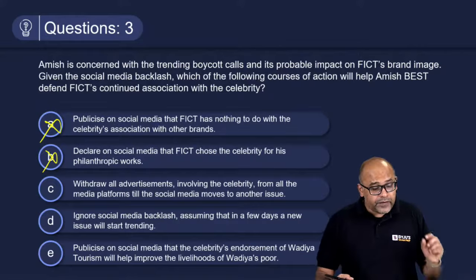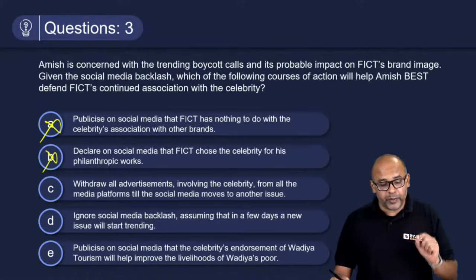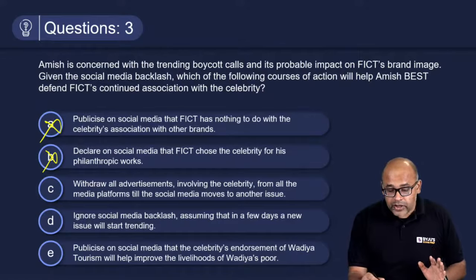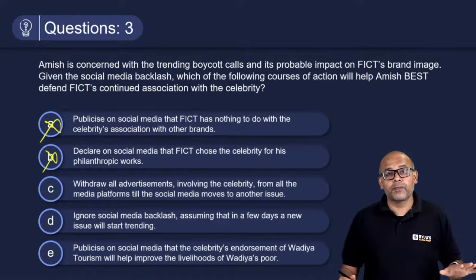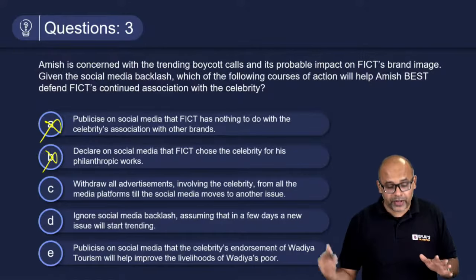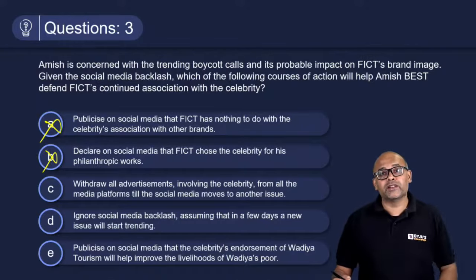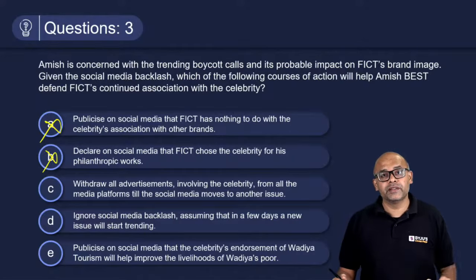Look at C. Withdraw all advertisements involving the celebrity from all media platforms till the social media moves to another issue. Could be a possibility, because ultimately what you're saying is put all advertisements on hold till people move to something else. But the problem is, if I have a brand ambassador, most of my ads will have the brand ambassador.